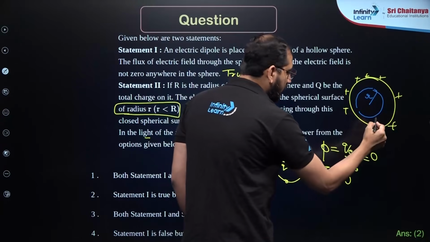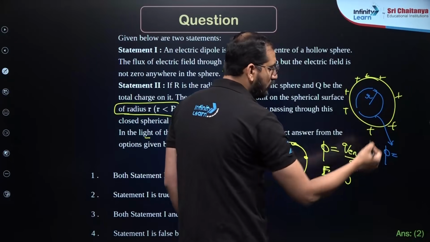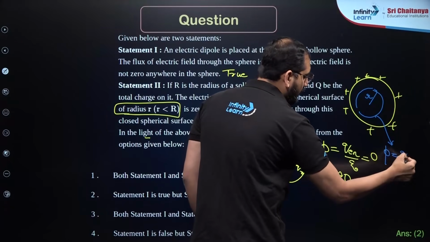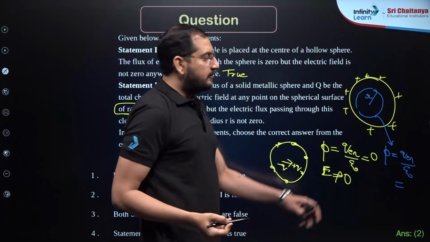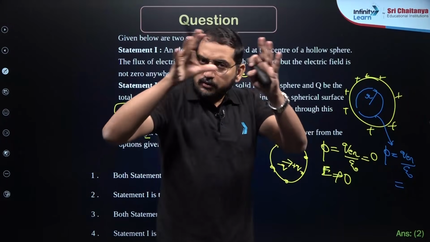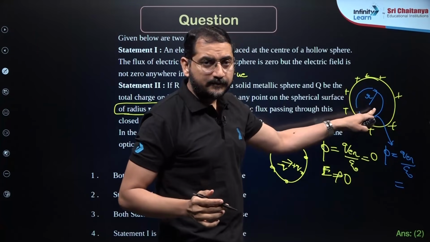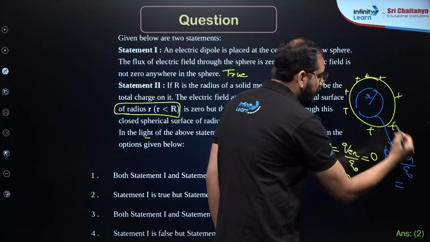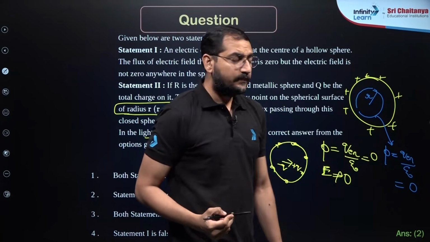If I want to calculate how much flux is crossing over here, same formula, Q enclosed by epsilon naught, and we know that for a metallic body, the charge always goes to the outer surface, hence there is no charge in this cavity. In this particular region, Q enclosed is 0 and phi is also equal to 0.